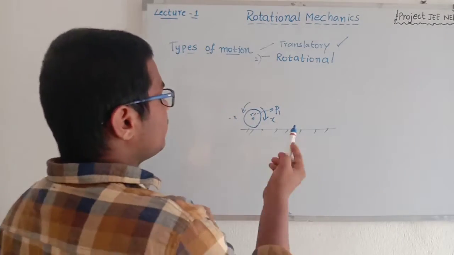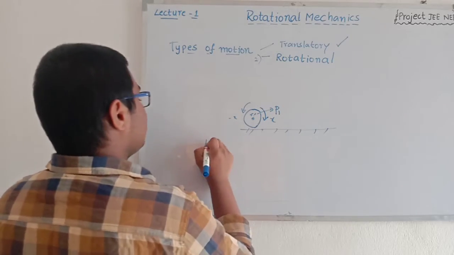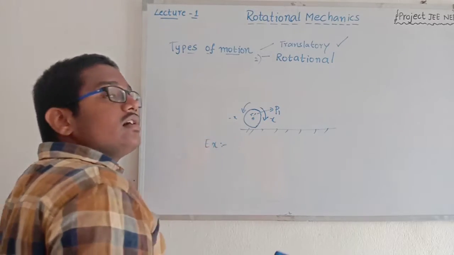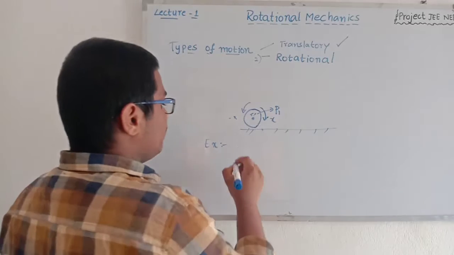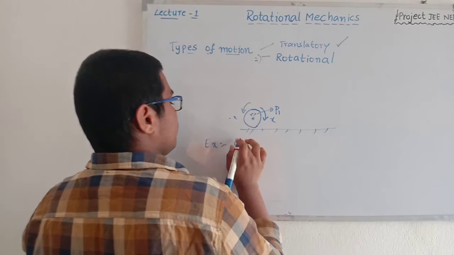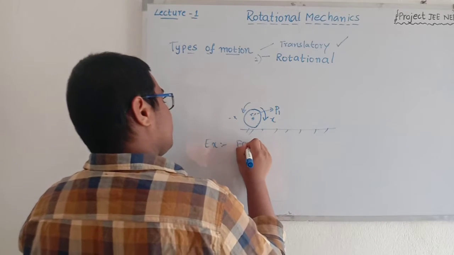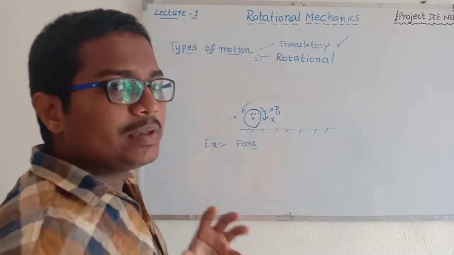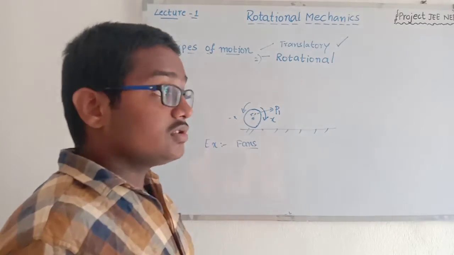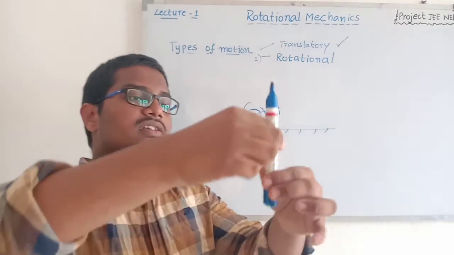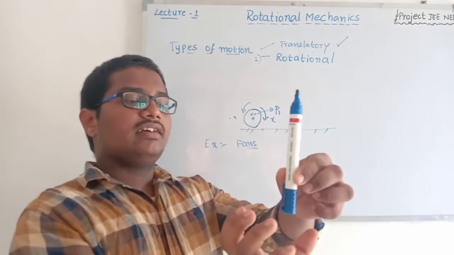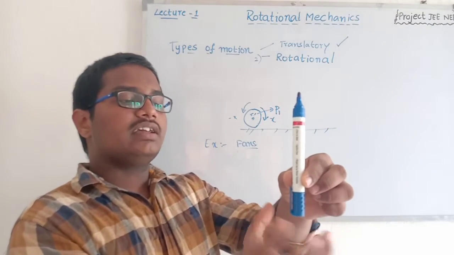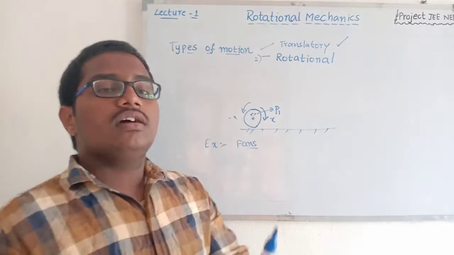So we have completed that. For example, in all rooms we have ceiling fans. Ceiling fans are the best example of rotational motion. Suppose this is the rod of a ceiling fan and the bottom of this rod holds the fan.